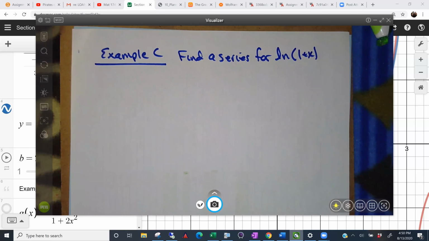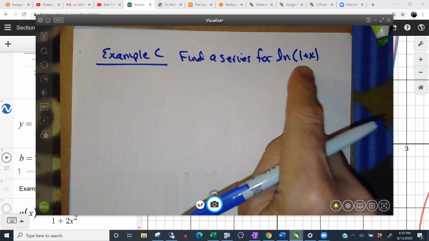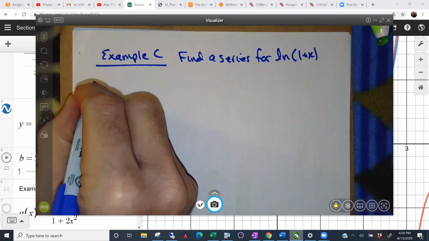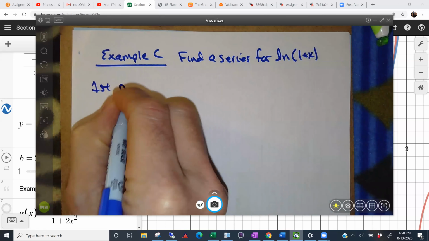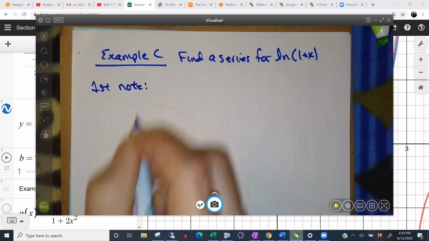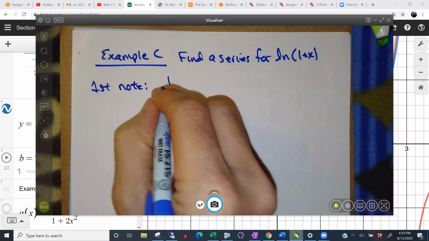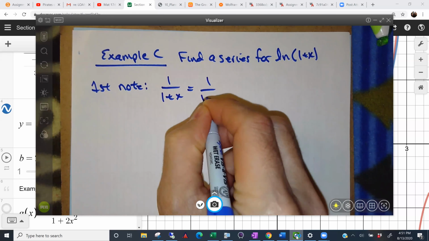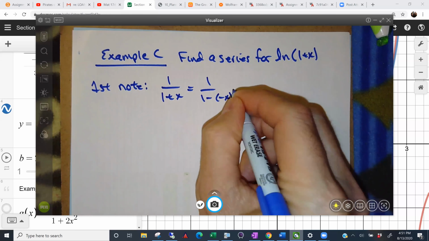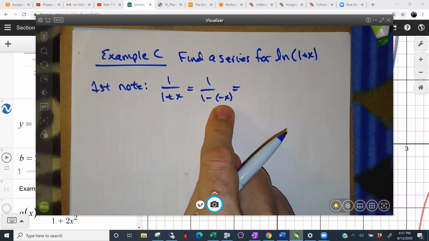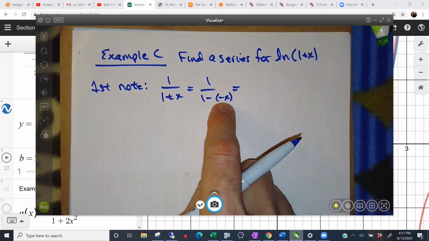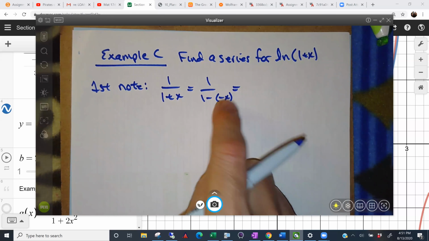Well, there are two things you have to note in doing this one. First, note that 1 over 1 plus x is 1 over 1 minus negative x. And again, we can use our series representation for 1 over 1 minus x, except we're going to plug in negative x here.